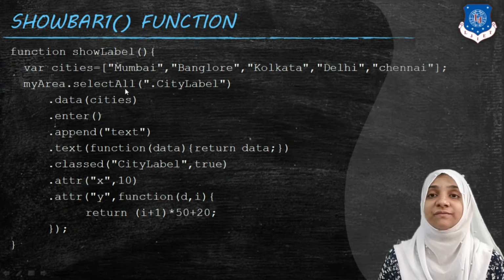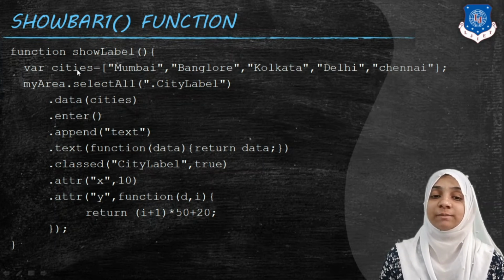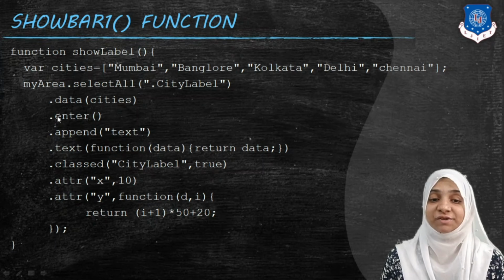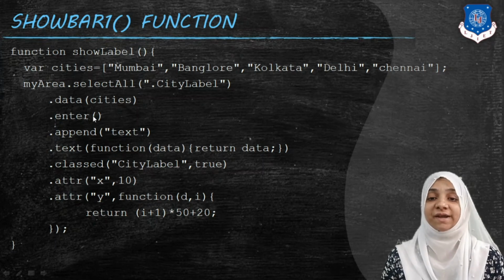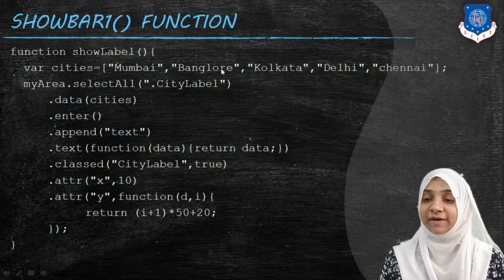So the selection will be initially empty, and we associate data with this city labels with this variable cities. So data is associated with cities, and since there is an empty selection, calling an enter method will identify how many city labels are required. So there are 5 elements.